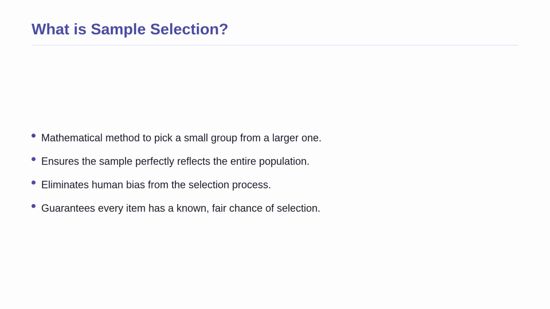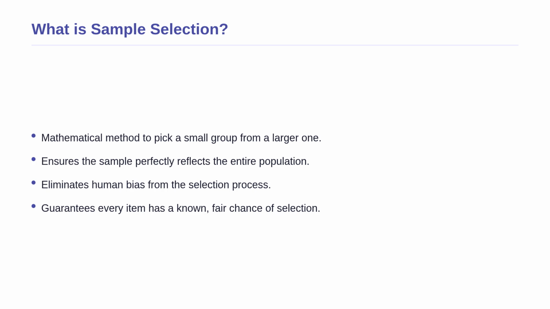Now that we understand the goal is to taste the soup, let us look at how we actually scoop it. A sample selection procedure is a strict step-by-step mathematical method used to pick a small group from a larger population. Why do we need such a rigid procedure? Because humans are naturally biased.